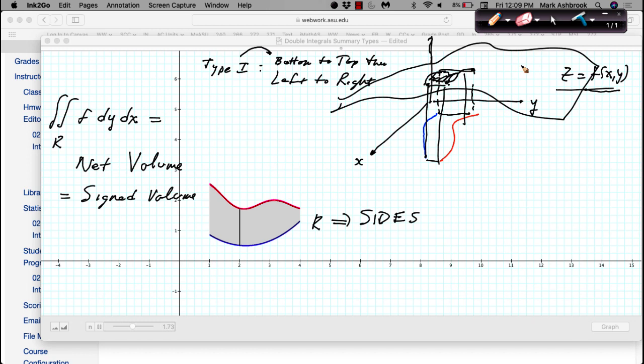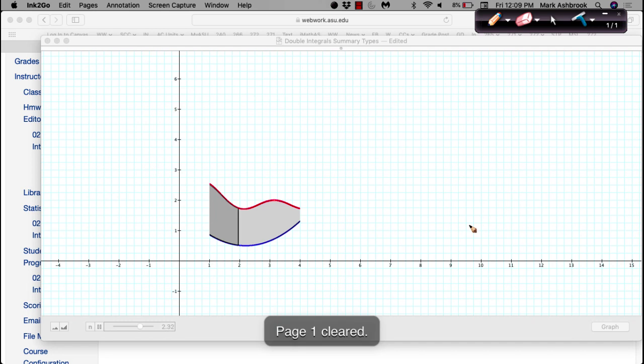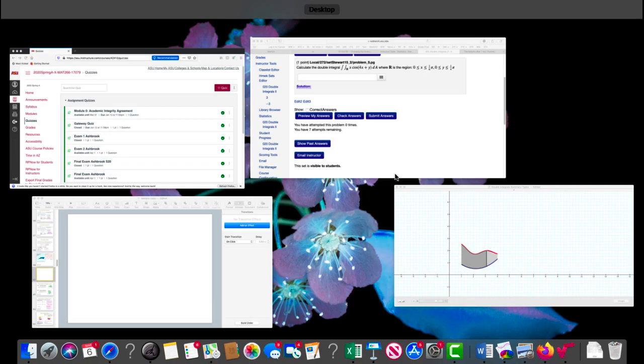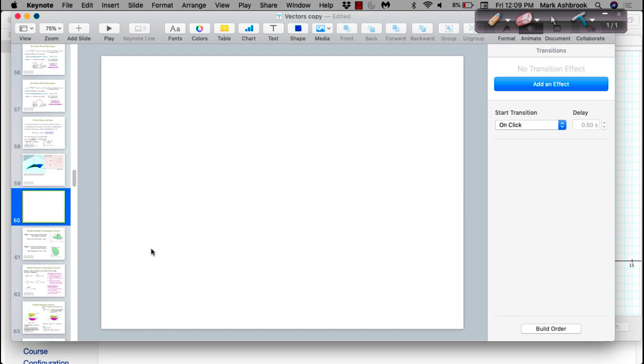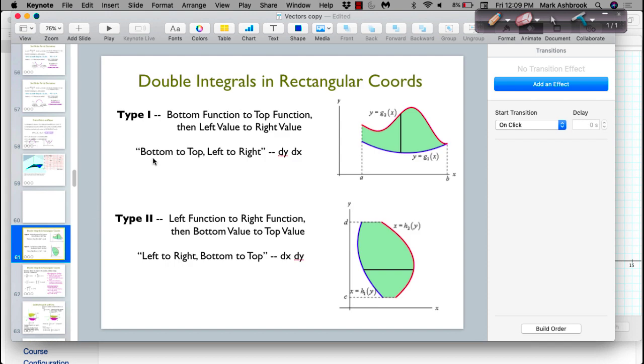That animation is just for type 1. A type 2 animation would be like this thing turned on its side. You'd have x as a function of y for left and right. You'd start left to right, and then you'd get a strip, and you'd accumulate all those strips from bottom to top. So here's a summary.